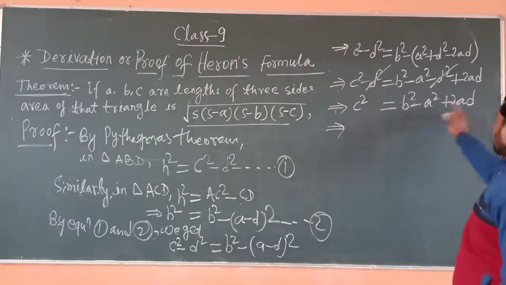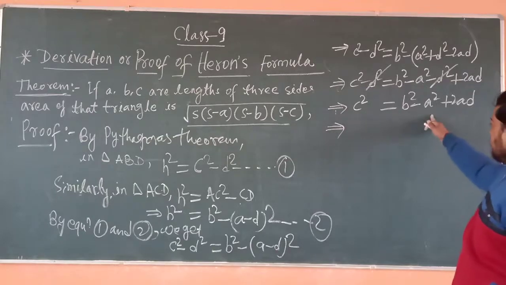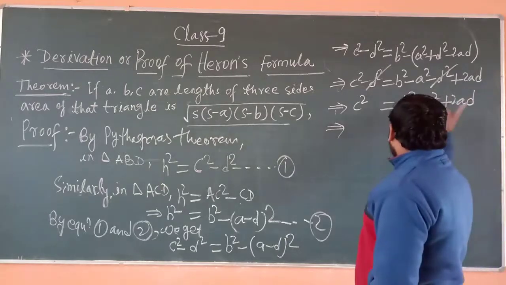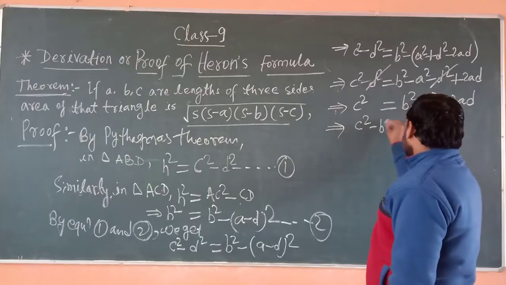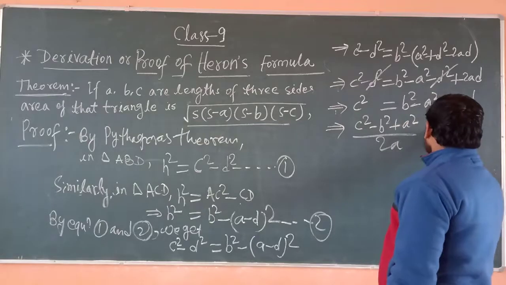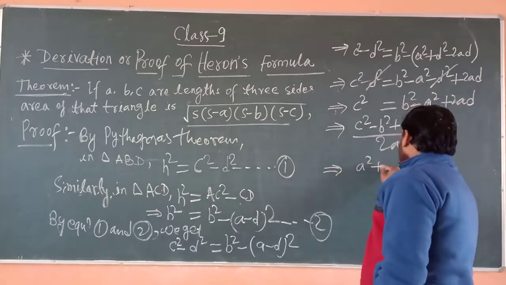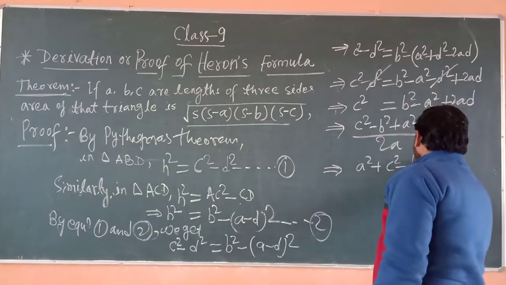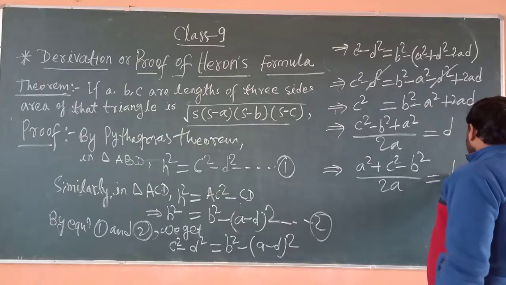From here we have to find the value of D, because D is another length other than A, B, C. So find the value of D. C square minus B square plus A square upon 2A is equal to D. That is, A square plus C square minus B square upon 2A is equal to D.